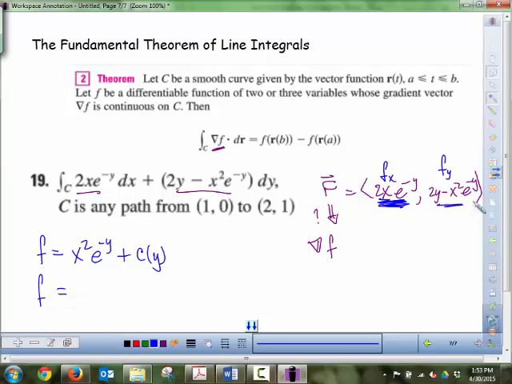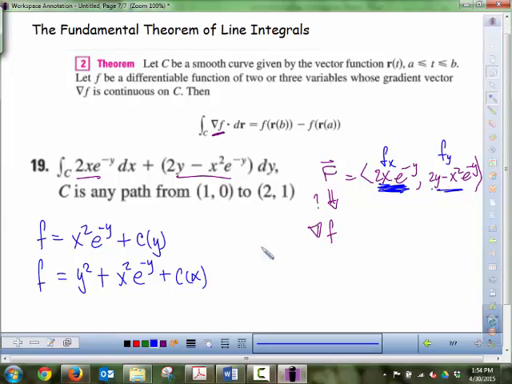Now I take a look at my second component and take the antiderivative of that with respect to y. What do we get? And then I would want to compensate for some constant that may have an x in it. So, does it look like we have a good candidate for f?